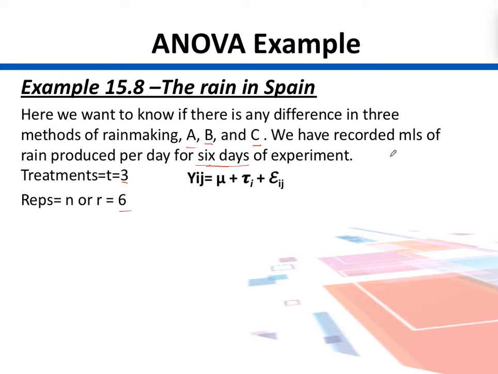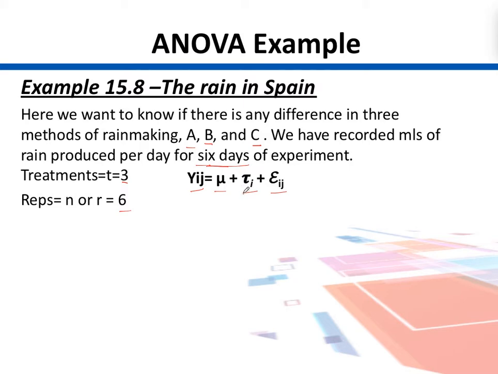Linear model goes like this. So we have the observation Yij, and that's equal to mu, grand mean, tau represents treatment, and Eij represents the error term. We can also say that each observation has a component from the mean.